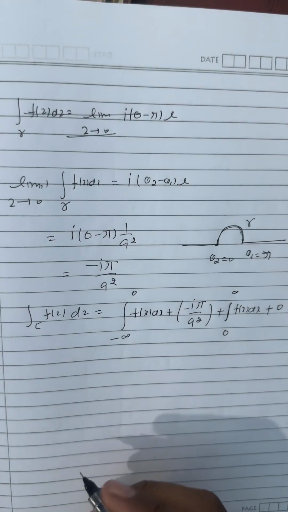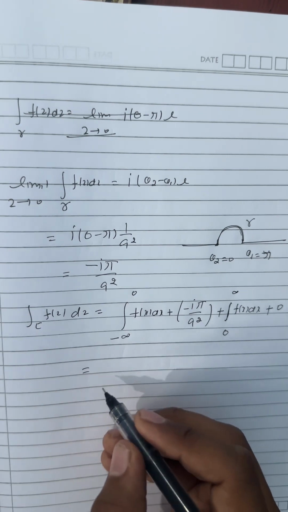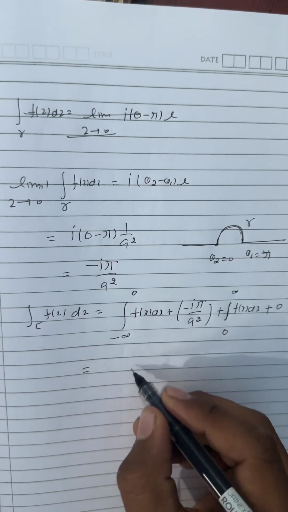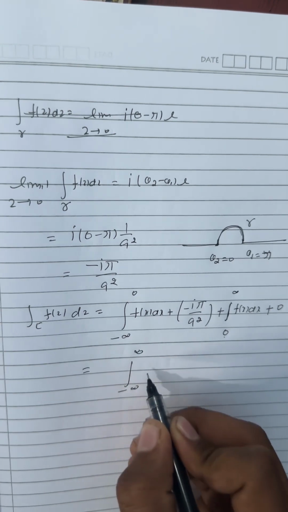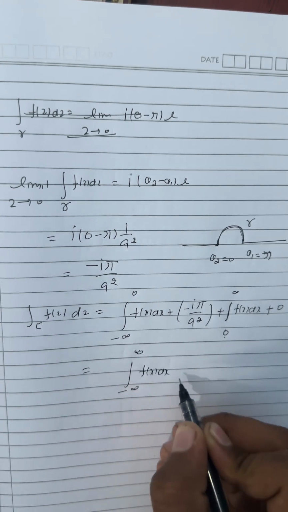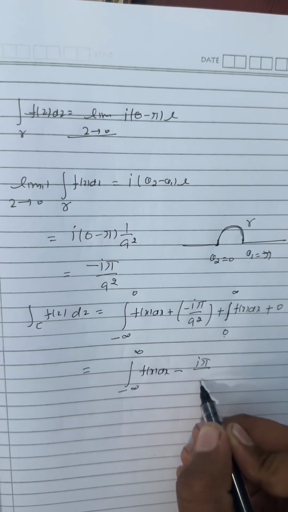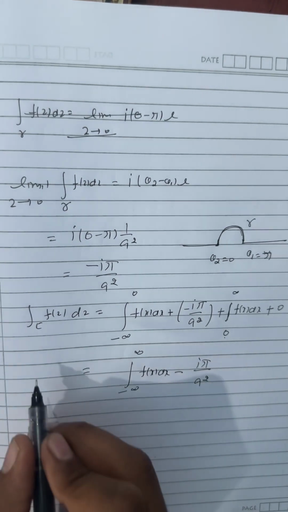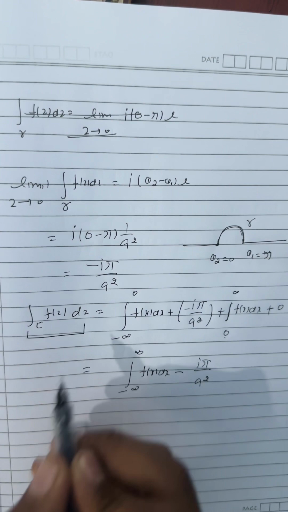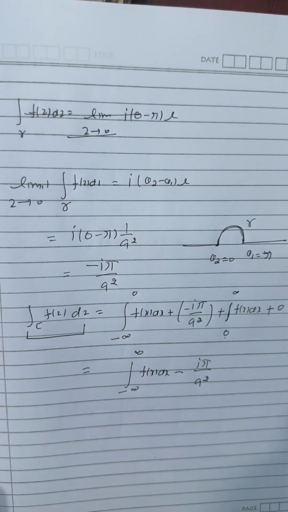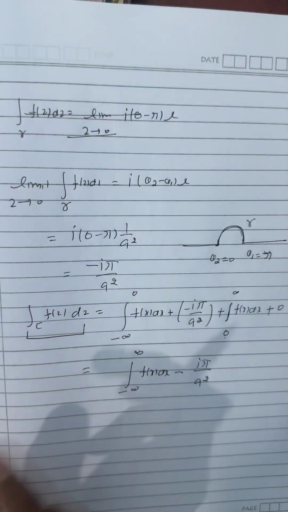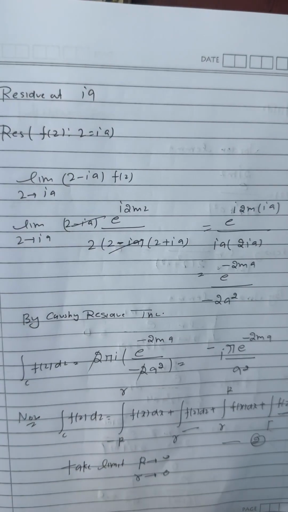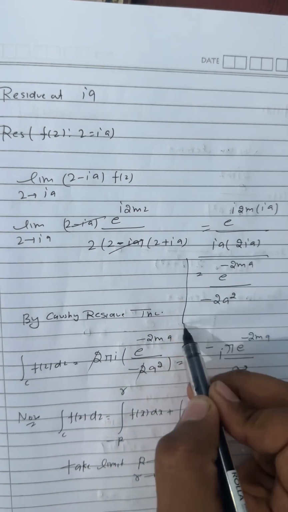Okay, these are the integrals we got at the last. Let's combine these two. This is going to be minus infinity to infinity f of x dx minus iota pi divided by a square. We have also calculated the value of this using the Cauchy residue theorem, so I am going to plug in that value here. What is the value of this? Here it is.